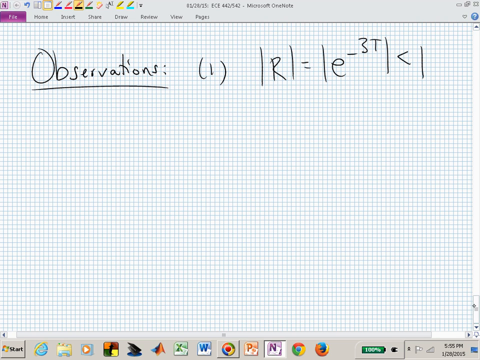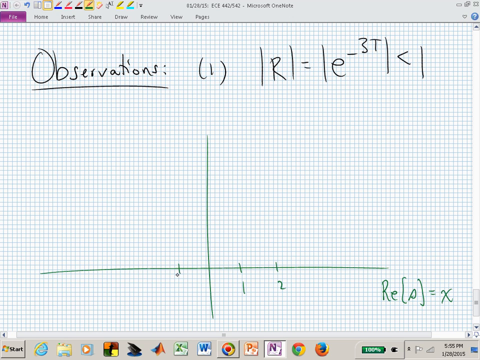If we actually were thinking about this, let's say this is the real value of s, let's just call that x, and this is 1, this is 2, this is -1, this is -2, -3. Do you remember what the exponential curve looks like? E to the x as a function of x. What is e to the 0?